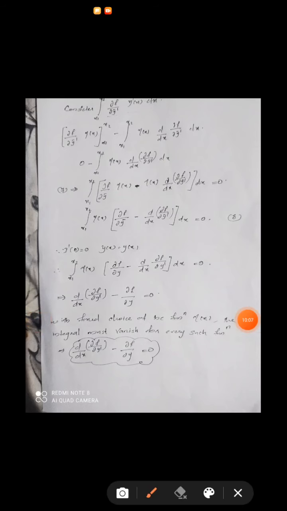Then eta of x നെ നമ്മൾ പുറത്തേക്ക് എടുക്കുക. ഇൻ്റഗ്രൽ x1 x2 eta of x dou f by dou y bar minus d by dx of dou f by dou y bar dash dx equal to 0. This is equation number 8.